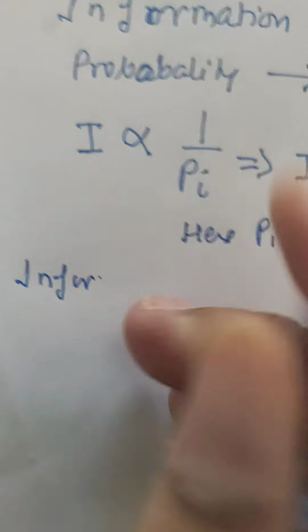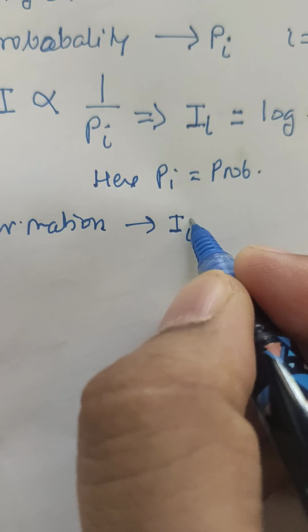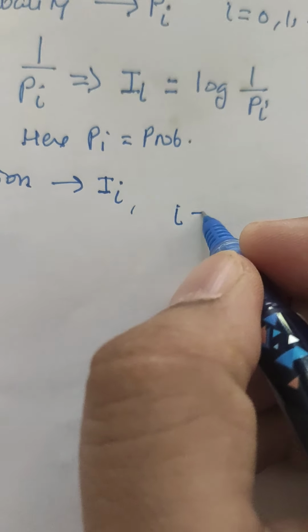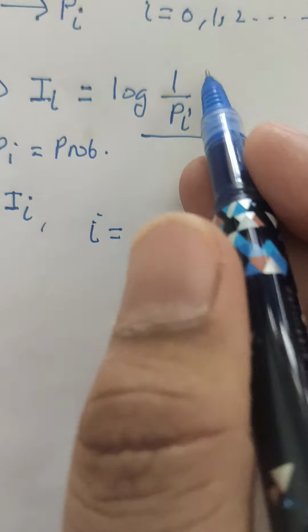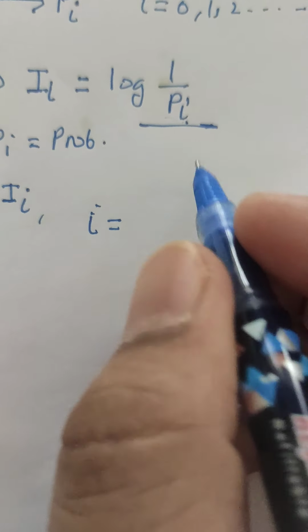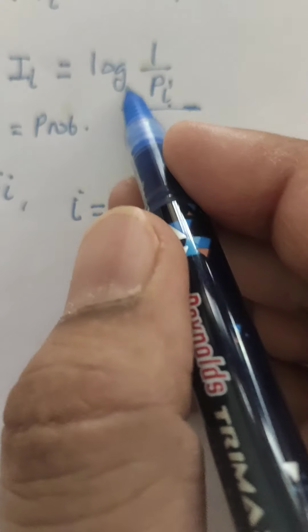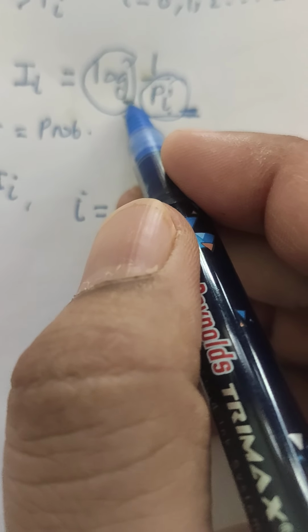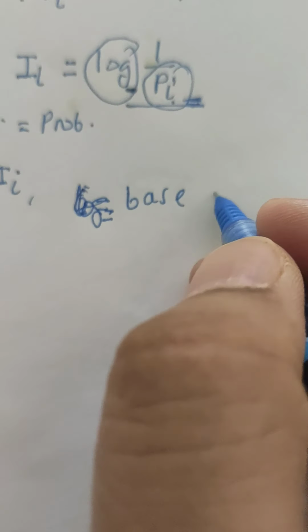Here I is the integer index, and the important thing is the base of this logarithm.